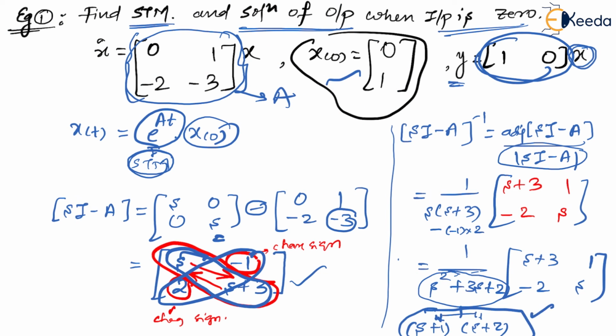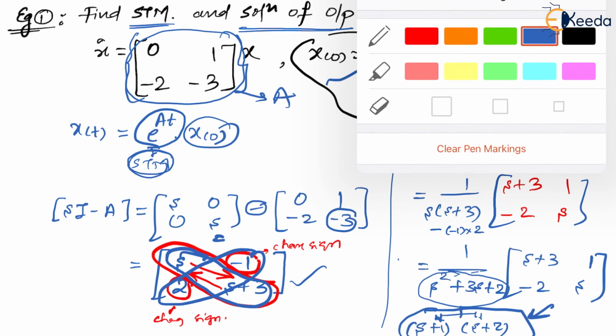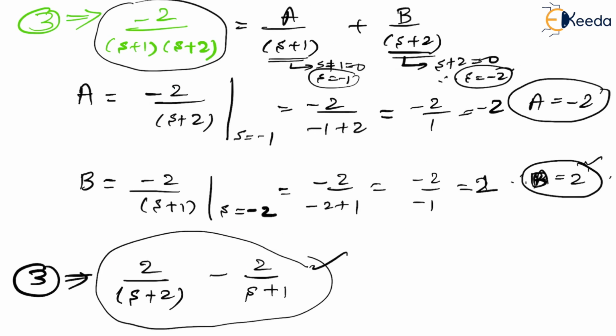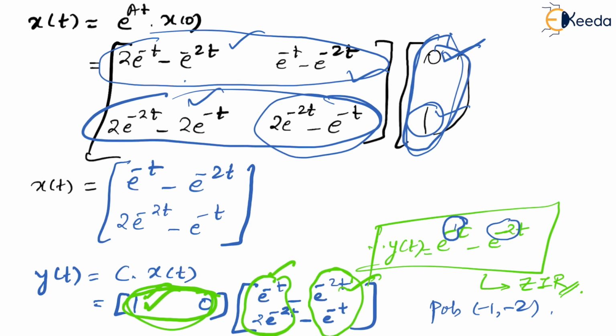The same poles we had got here down, s plus 1 into s plus 2. Is that correct? Right. And the same poles I got when I found out the determinant of sI minus A, right?